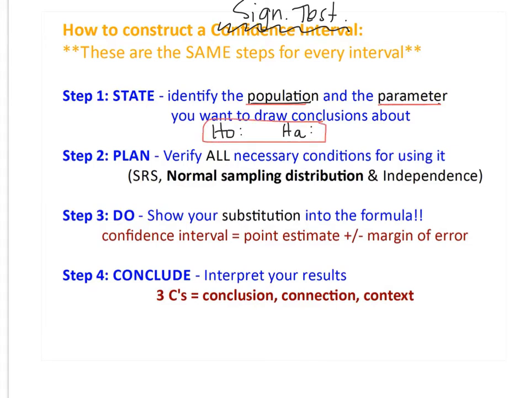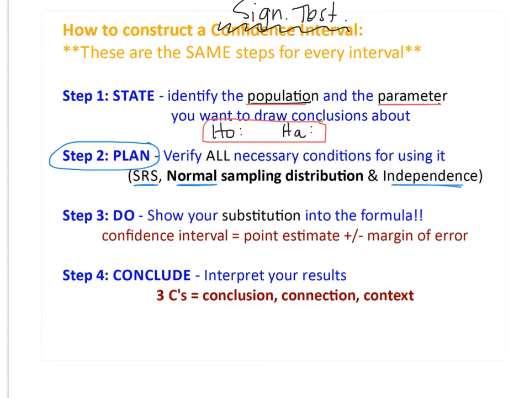Step 2 is the same plan step. We went in depth into the random, normal, and independent conditions for conducting a two-sample test. Go back and look at that first video for the in-depth plan step, but we have to check these three, which we'll do in this video too.